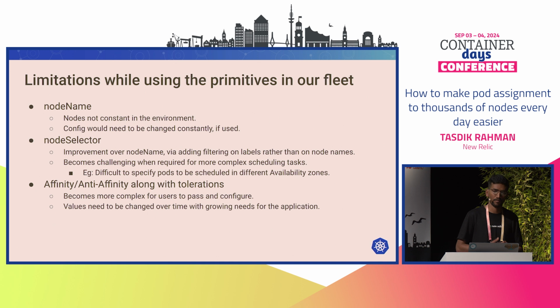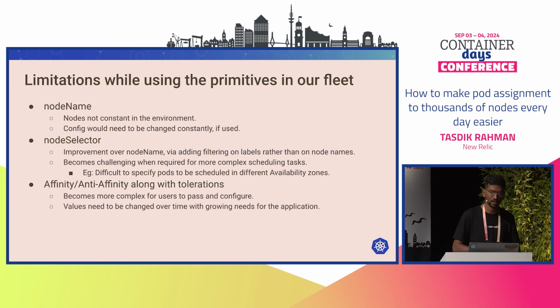Node selector works pretty well, an improvement over node name, and it adds filtering on labels rather than on the node name. So it's definitely an improvement, but it still becomes a bit challenging when required for more complex scheduling requirements. For example, if you would want to schedule these application pods in different availability zones, you might find it a bit hard to do that with node selectors, right?